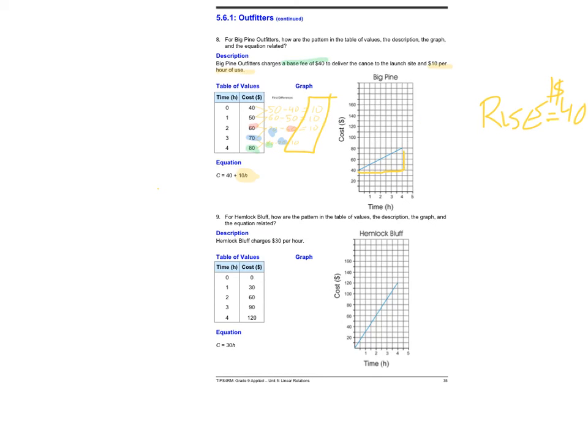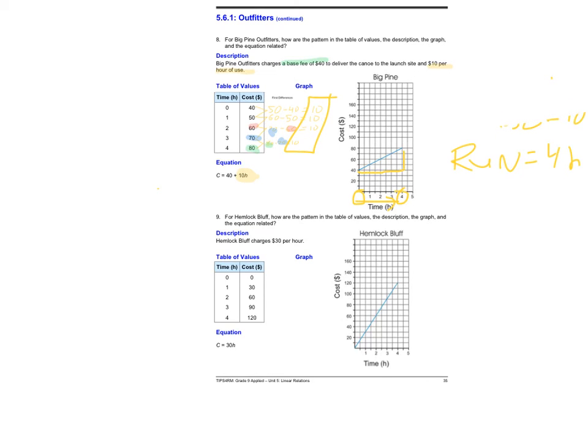We're also going from 0 hours all the way to 4 hours. So that means that our run is 4 hours. Well, if our rate of change is rise over run, we can determine the rate of change for this question.